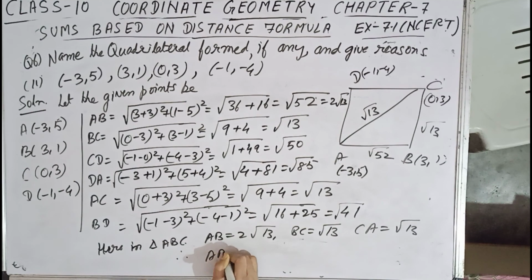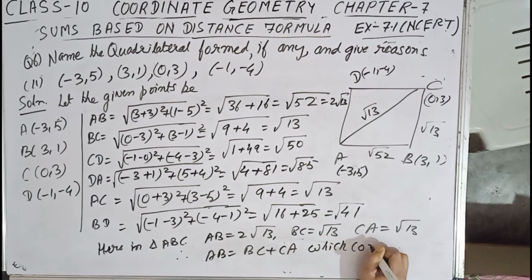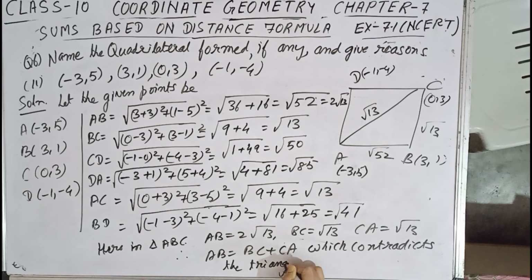Therefore, AB equals BC plus CA, which contradicts the triangle inequality property. Therefore, ABCD is not a quadrilateral.